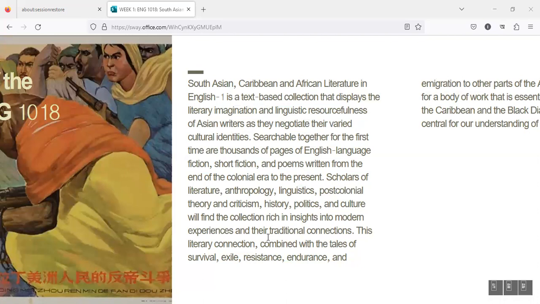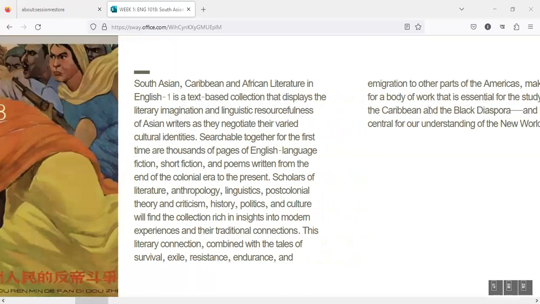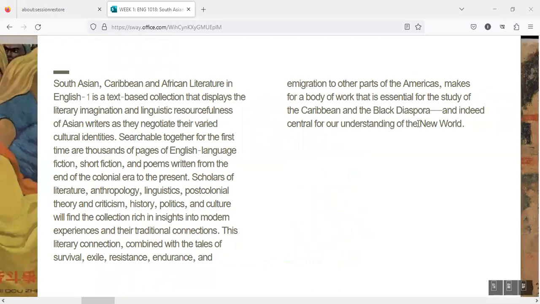This literary connection, combined with the tales of survival, exile, resistance, endurance, and immigration to other parts of the Americas or Europe, makes for a body of work that is essential for the study of the Caribbean and the Black diaspora, the African diaspora, and also the Indian as well.